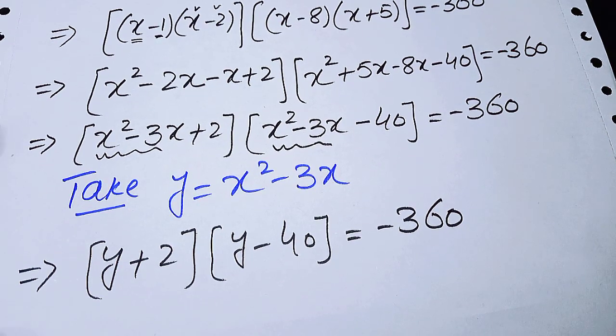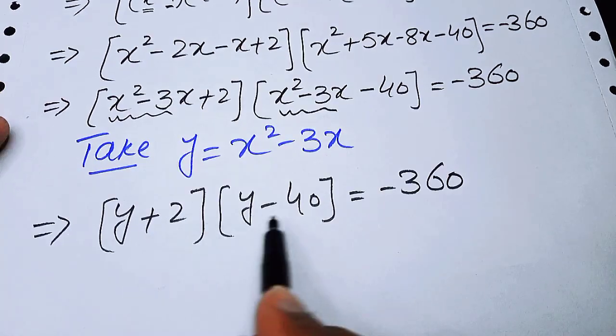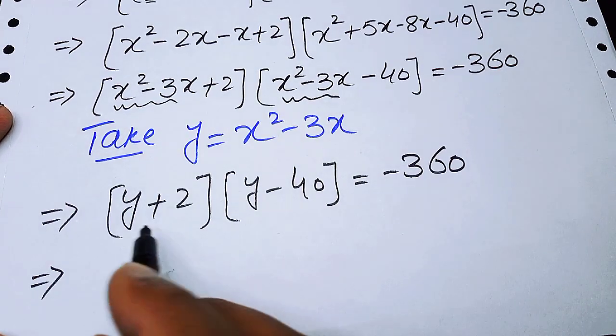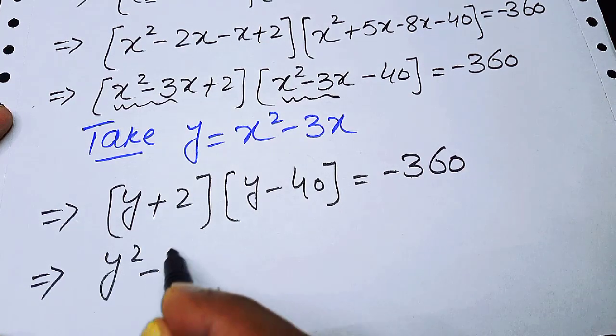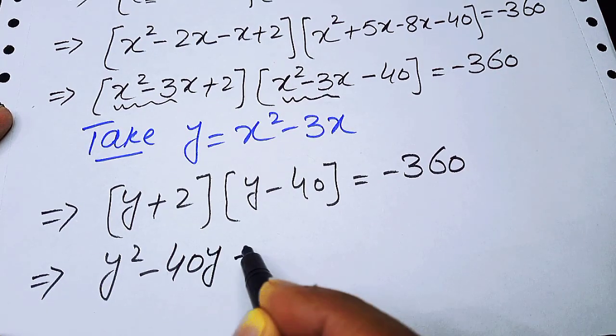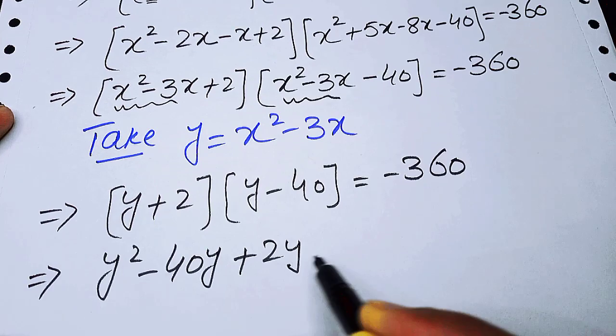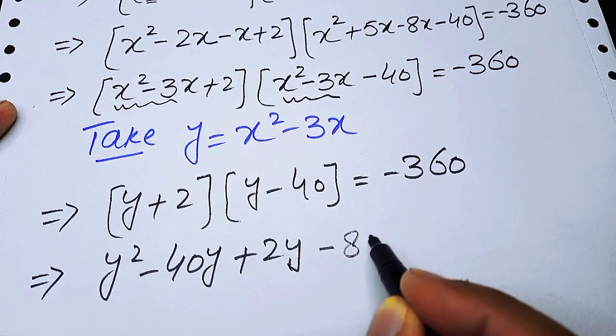Now we multiply these factors again and we get y² - 40y + 2y - 80.